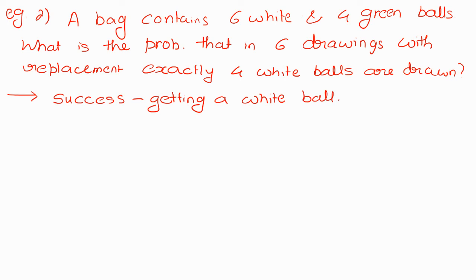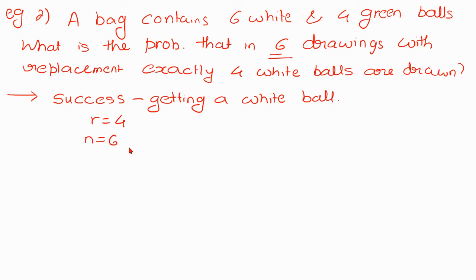Now how many times do you want that to happen? How many successes do you want? 4. Therefore r is equal to 4. And in how many drawings? Drawing means removing. Your experiment is removing the ball from the bag, so your trial is drawing.